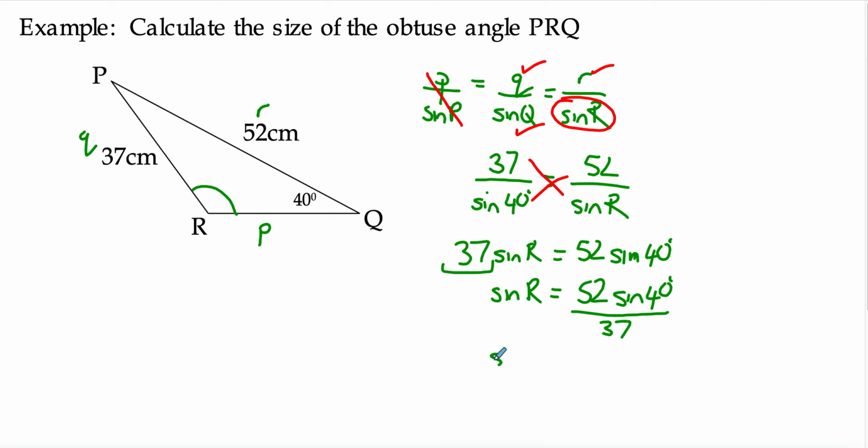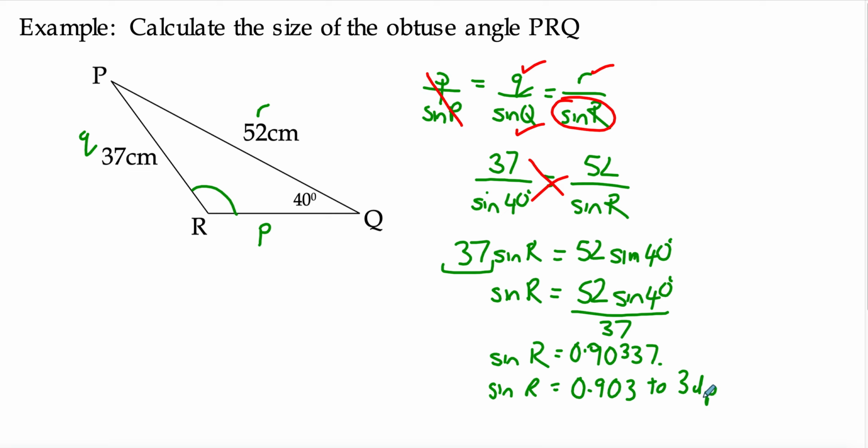And that should give us a decimal number that we can use in a moment. So we get 52 multiplied by the sine of 40. Make sure your calculator is in degrees mode, otherwise you're going to get this all wrong. Sine r is equal to 0.90337 and so on. I'm going to use 3 decimal places, 0.903.